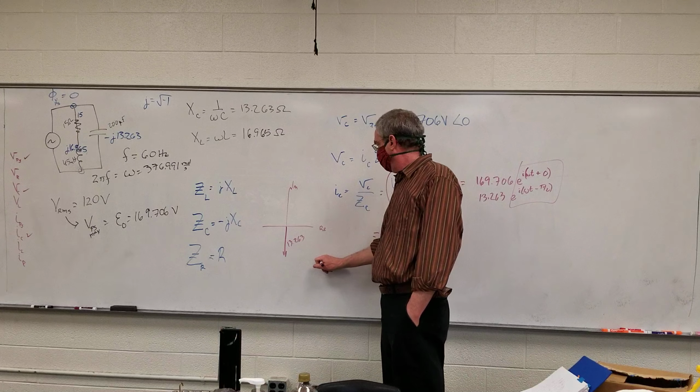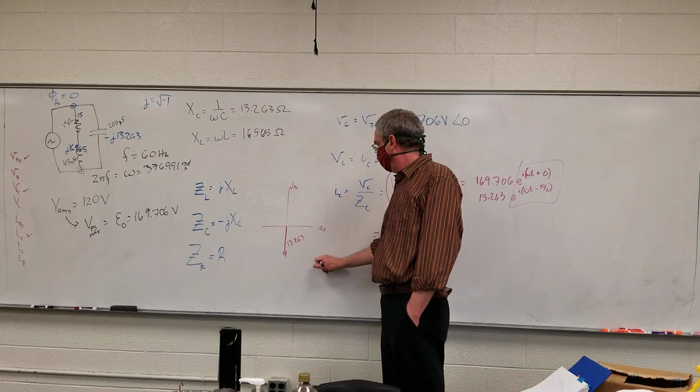So imagine that we're dealing with real and imaginary axes here. I go 15 in the real and then 16.965 in the imaginary. I have some angle here, phi. This is 15. This is 16.965.